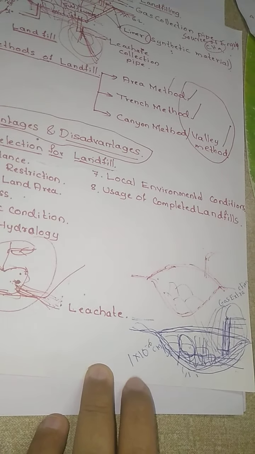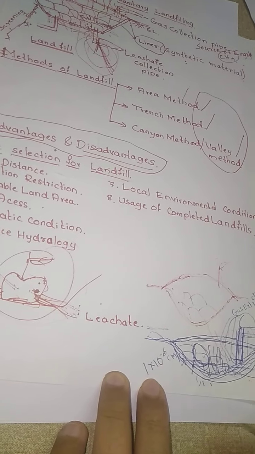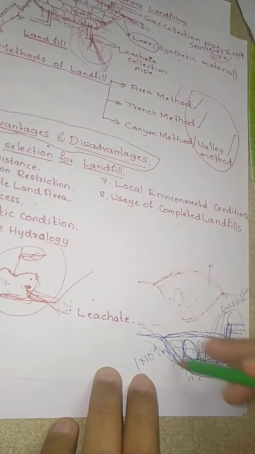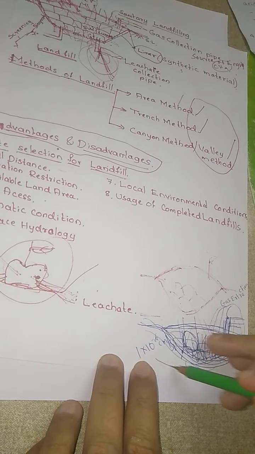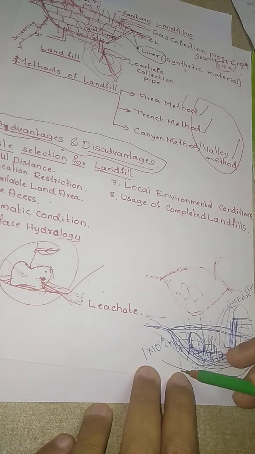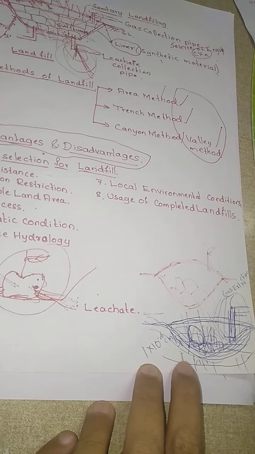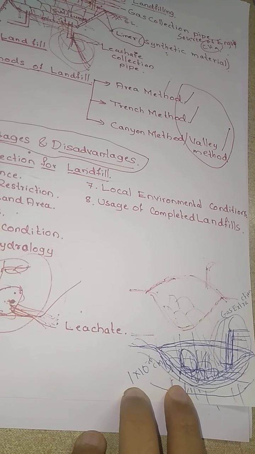That much permeability should be there in those clay liners. If we provide these clay liners, the leachate that is generated won't come in direct contact with the soil. So this can be prevented by having the artificial clay liners.